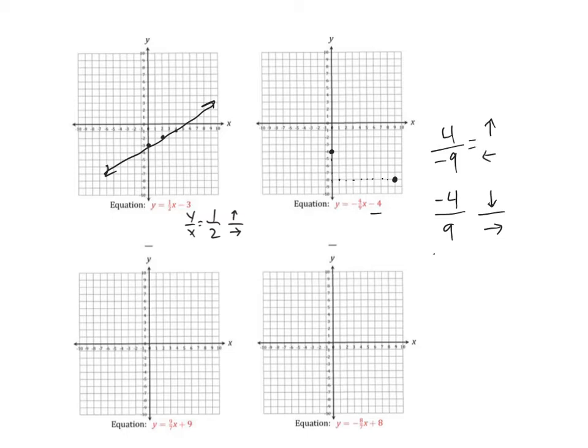So let's go back to our y-intercept, and go up 4, 1, 2, 3, 4, and left 9. 1, 2, 3, 4, 5, 6, 7, 8, 9. See how both of those worked? Rewind that if you didn't get that, and that was a terrible draw through the lines, but that would be on a straight line.